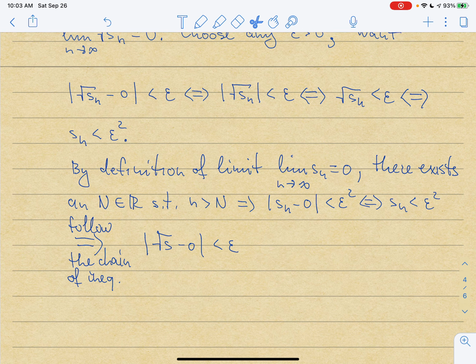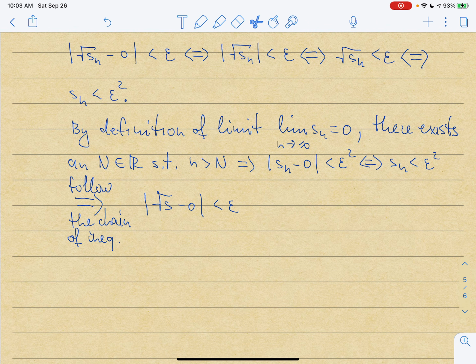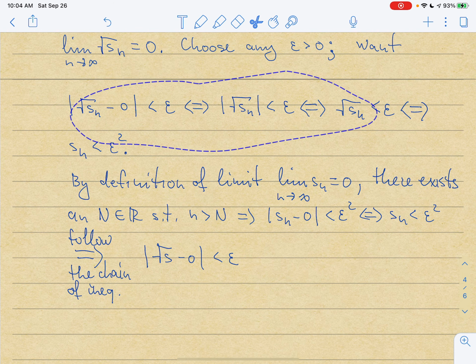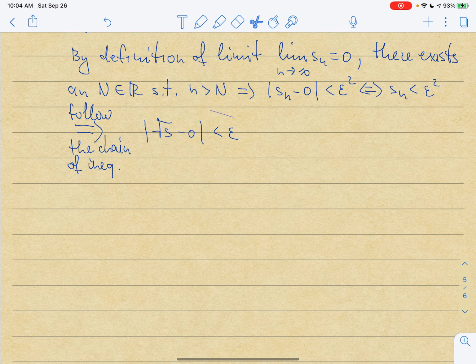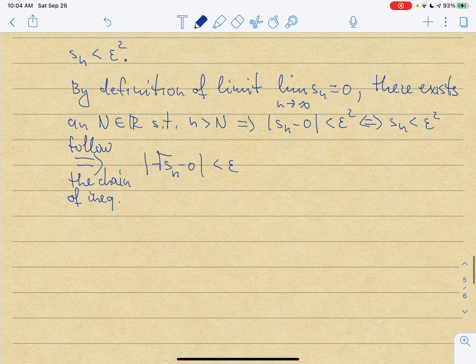Then by definition of a limit of Sn, I should be able to find capital N such that if n is bigger than capital N, then Sn is less than epsilon squared. And so then from here, it follows that this would imply that actually square root of Sn minus 0 must be less than epsilon. And so then I'm done, because for every epsilon, there exists a capital N such that square root of Sn minus 0 is less than epsilon. So the proof is complete.